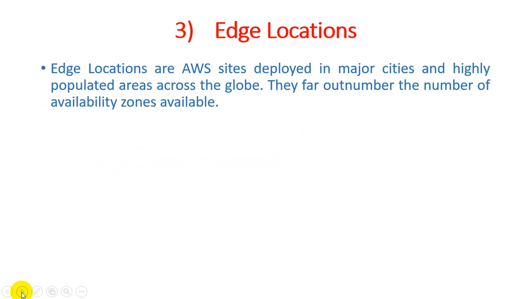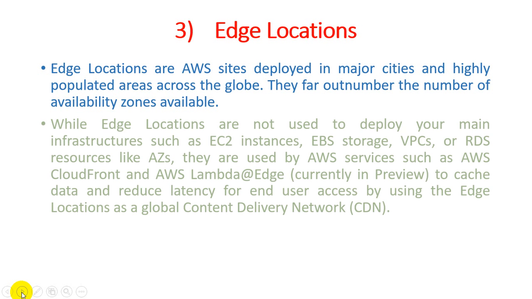The third component of AWS infrastructure is edge locations. Edge locations are AWS sites deployed in major cities and highly populated areas across the globe where the actual service will be delivered. They far outnumber the number of availability zones available.